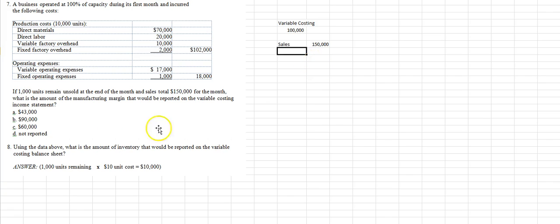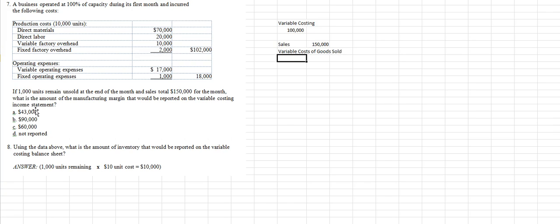And if 1,000 units remain unsold at the end of the month, what is the amount of the manufacturing margin that would be reported under variable costing? Okay, so what's the cost of goods sold? Let me make this more specific: variable cost of goods sold.